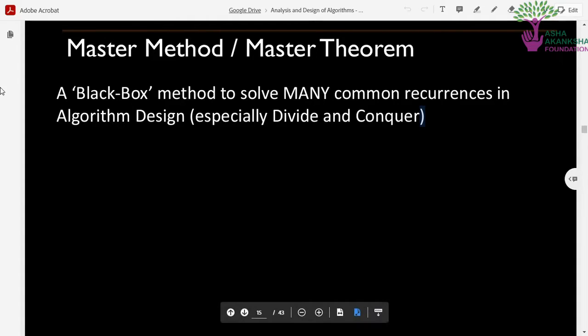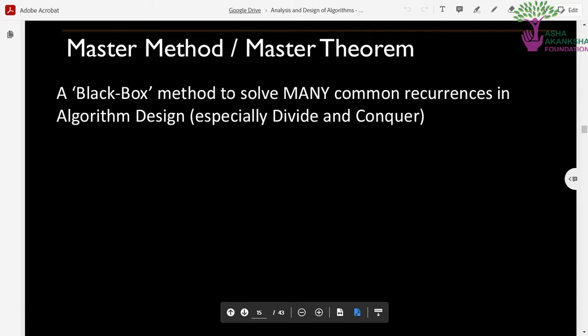Like in this case, it is written, it is a black box method to solve the many common recurrences in algorithm design, especially divide and conquer. Whenever we are solving any problem using the divide and conquer rule, which automatically becomes using recursions, then in those cases, we can just simply use Master's theorem, Master's method to get the time complexity.